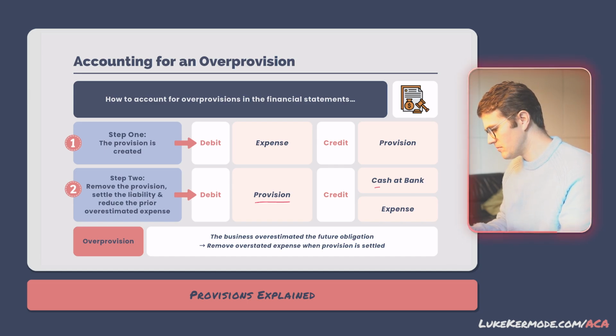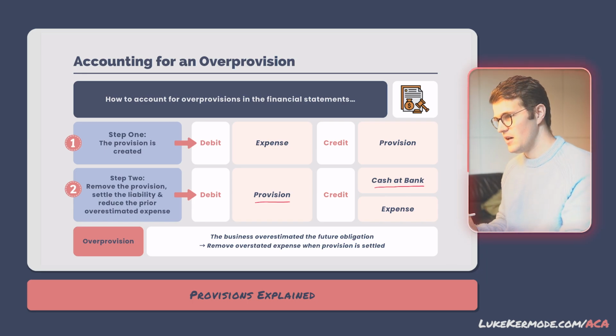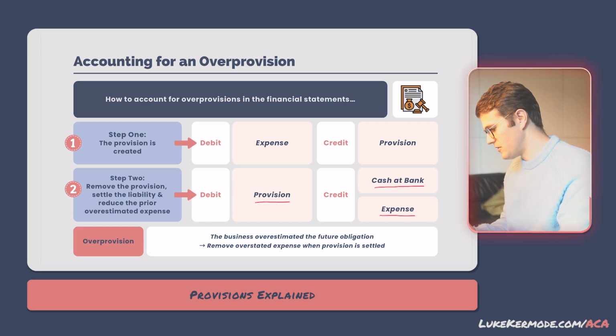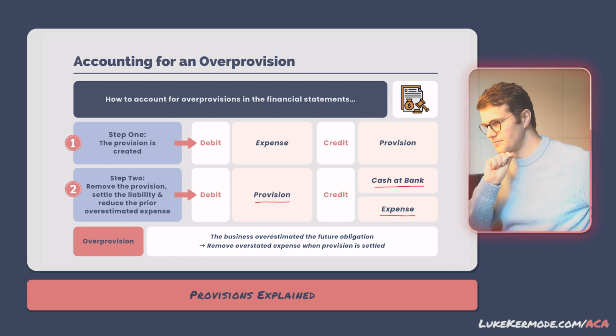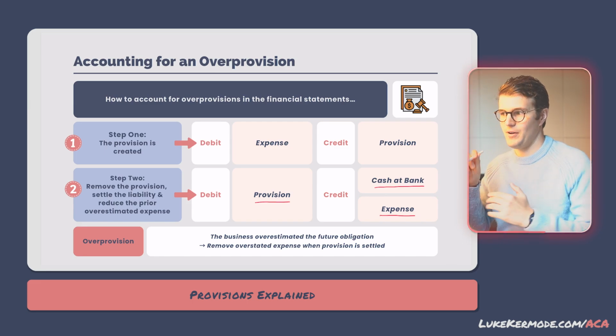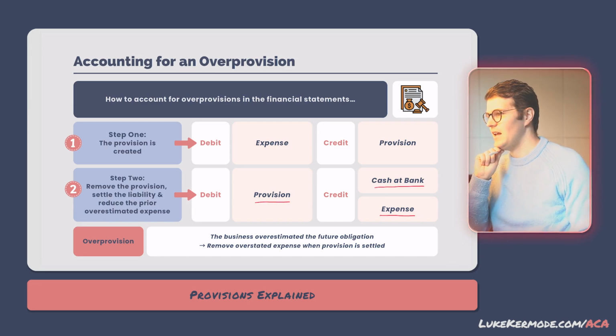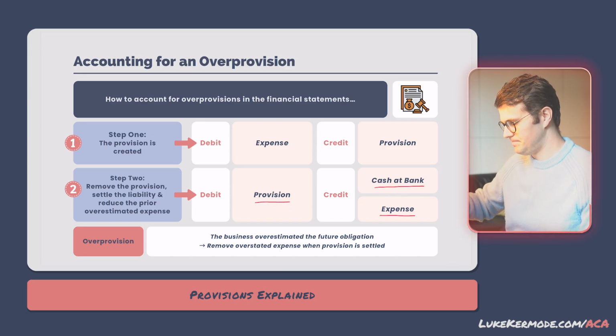We credit cash to reflect the actual amount that's been paid by the business, and we credit expense for the difference. So we're reversing the part of the cost that was overestimated in the income statement in step one. This adjustment ensures that the business is only recognising the amount it actually incurred in its income statement, and it's not accounting for the overstated estimate.